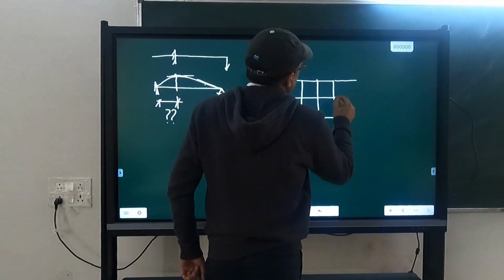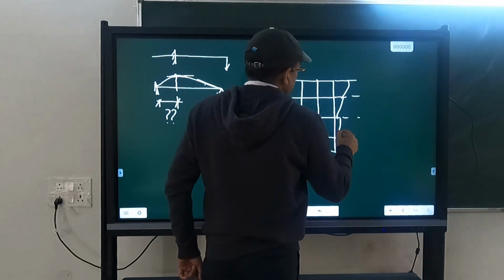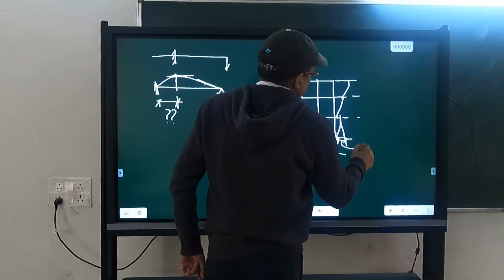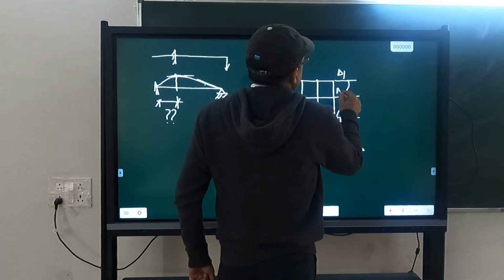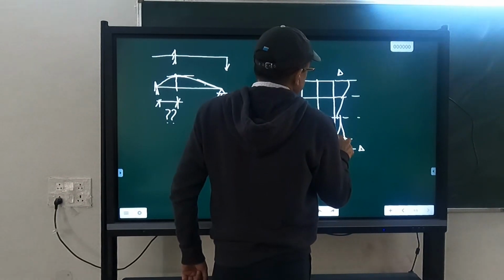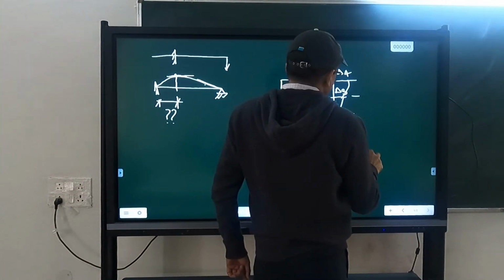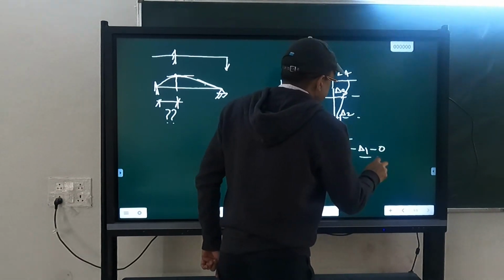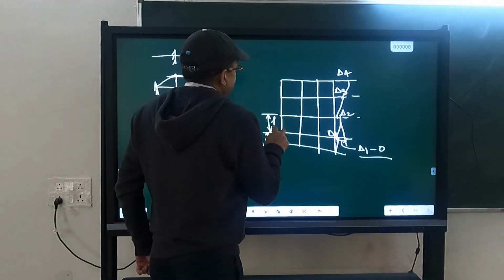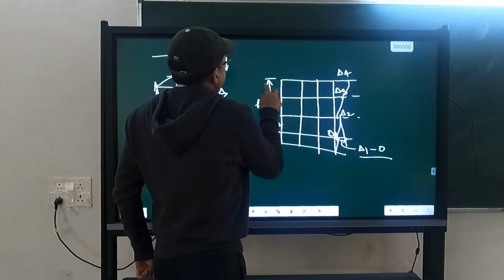So when our building is deflecting, let us say this is delta 1, or let us start from the beginning. This is delta 1, this is delta 2, this is delta 3, this is delta 4. So this is delta 1 minus 0 divided by, let us say this height is h1, this is h2, this is h3, this is h4.